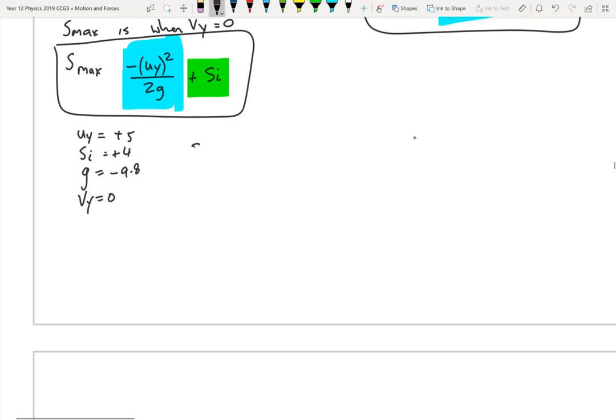So away we go. S maximum, negative 5 squared over 2 lots of negative 9.8. That's the height above where it's thrown from. Let's also consider that we are 4 meters above the ground. So we get a value of 1.28 plus 4.00, probably to 3 significant figures.